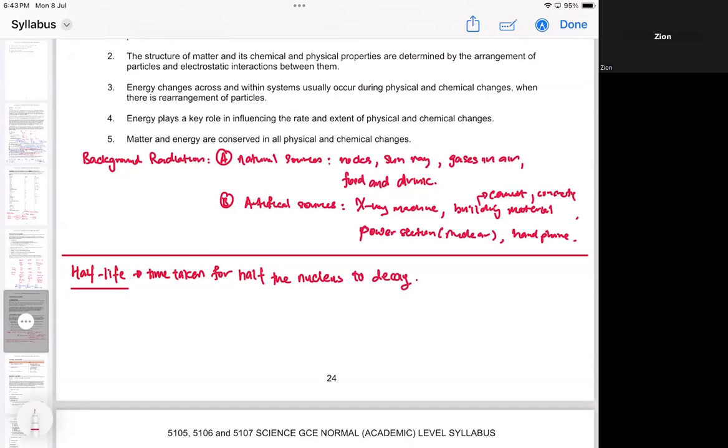So what this means is that the number of radioactive particles, or the amount of radioactive activity, will keep halving over the same amount of time.